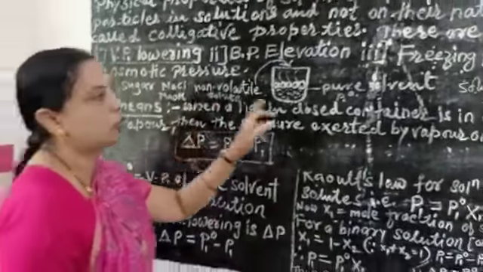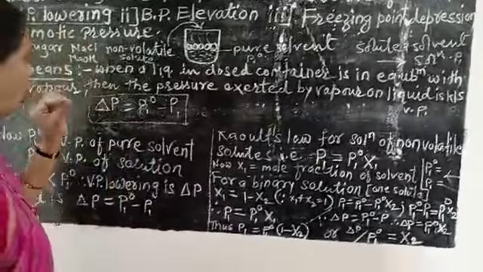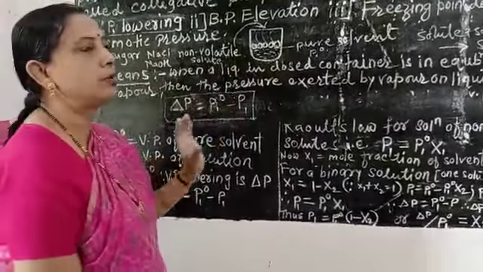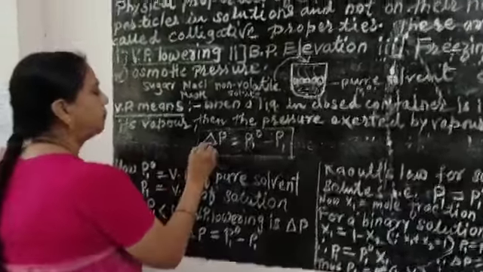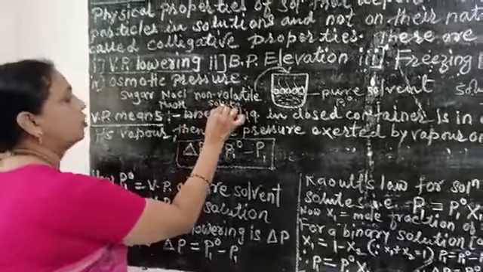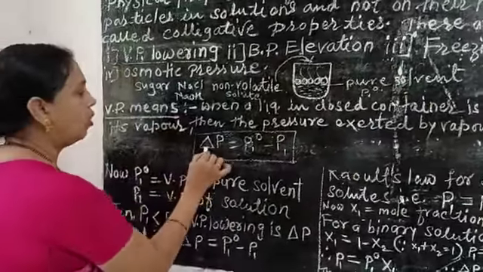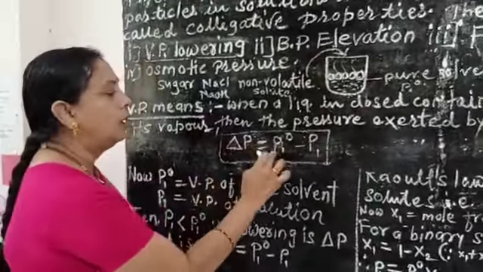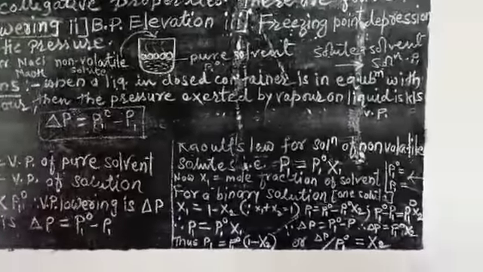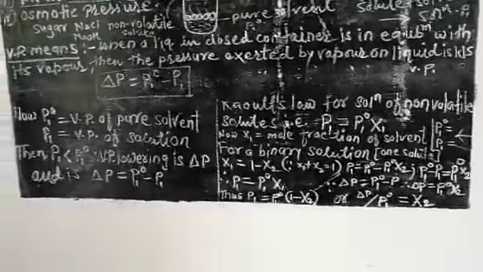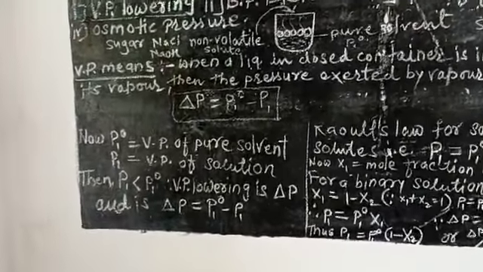When non-volatile solute is added to the pure solvent, then always the vapor pressure of solution is less, and therefore the change will always be delta P is equal to P10 minus P1. Okay. Now the vapor pressure lowering delta P is equal to P10 minus P1.